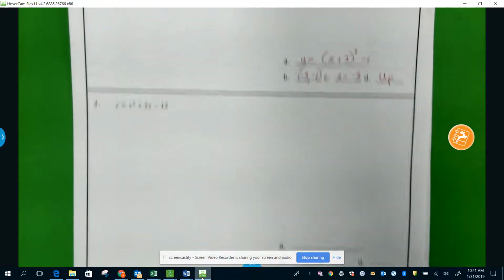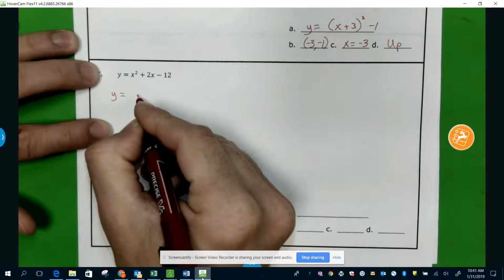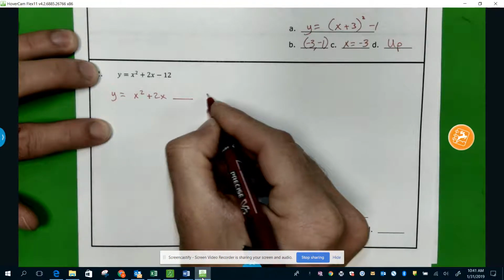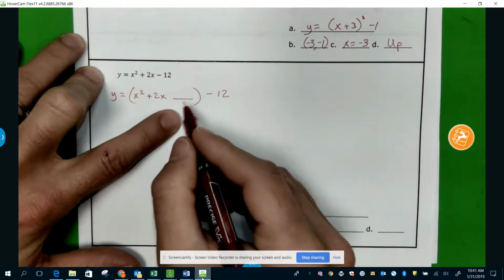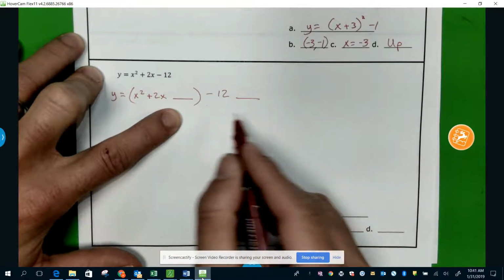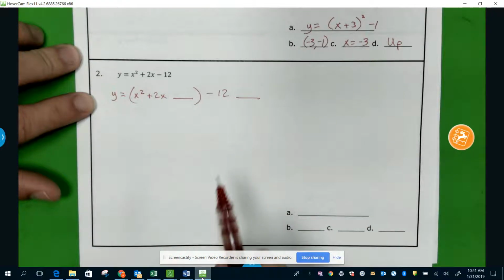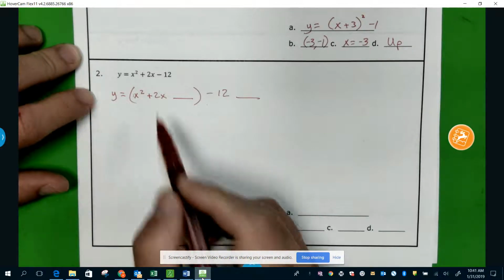Another one, number 2 here. We're going to do the same thing. y equals x squared plus 2x. Move your negative 12, your constant, to the back, so you have room for your blank space. I'm going to go ahead and put both blank spaces on the same side of the equal sign. We do have a 1 in front of our x squared, so we're ready to fill in the blank.